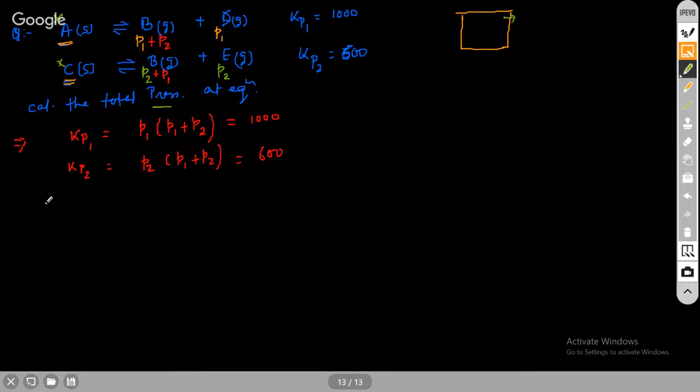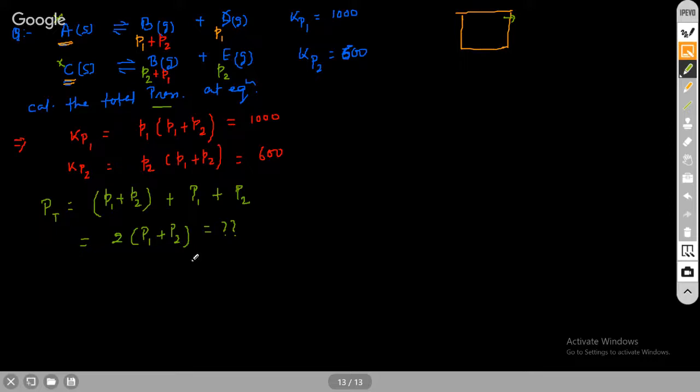So total pressure at equilibrium, PT, will be the pressure because of B, that is P1 plus P2, the pressure because of D, that is P1, and the pressure because of E, that is P2. So the total pressure at equilibrium will be 2 into P1 plus P2. So this is what we have to find out. This is what the question is.